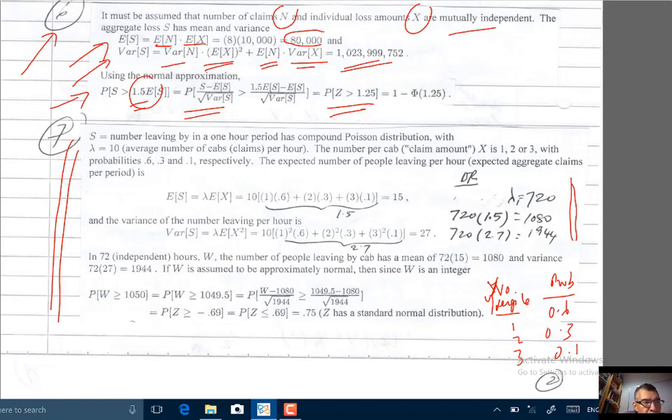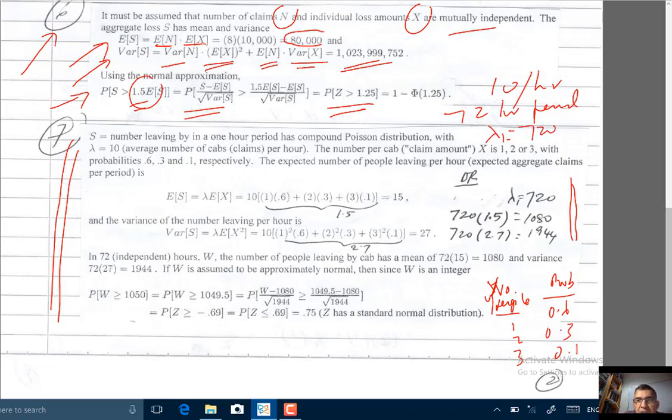First, we're looking at lambda equals 10 per hour, and a 72-hour period. Therefore, my new lambda, which I'm calling lambda 1, will be 720 per 72-hour period. That's what you see here.